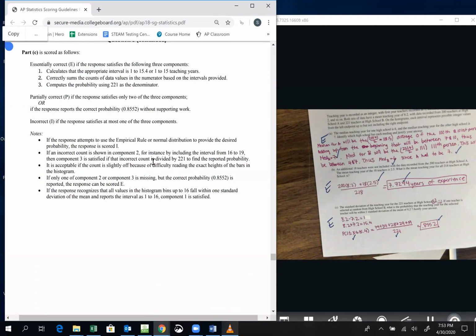If you mistakenly did the wrong interval, it's saying error carried forward, basically. So if you got the wrong sum here, you still get credit for the divided by 221. So you still get partially correct.